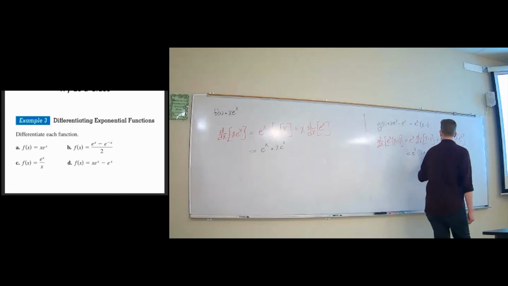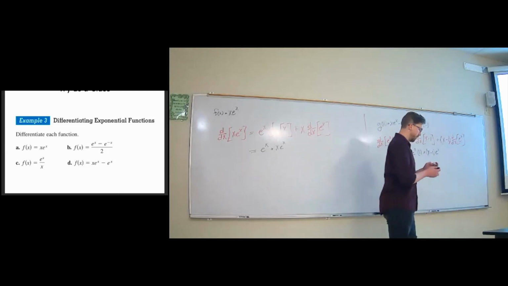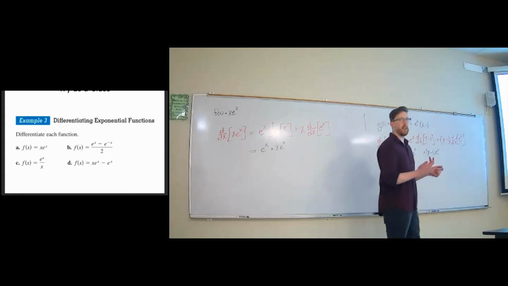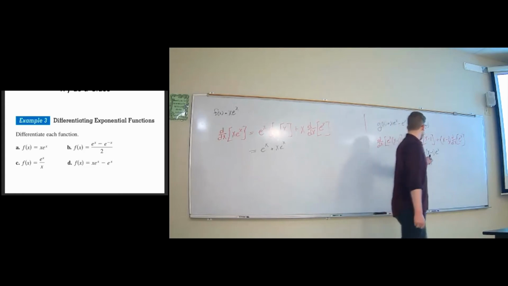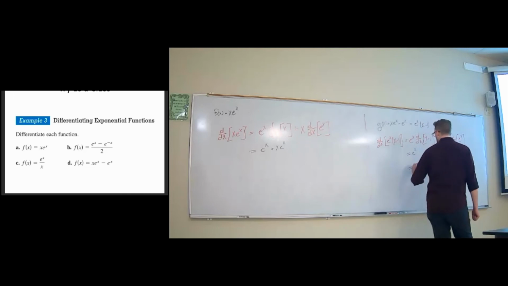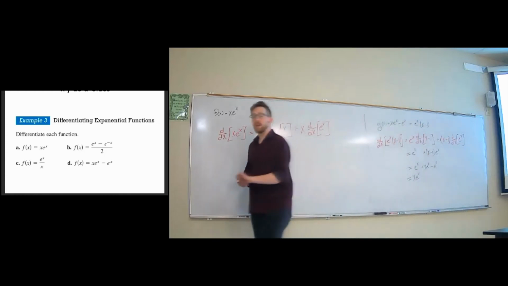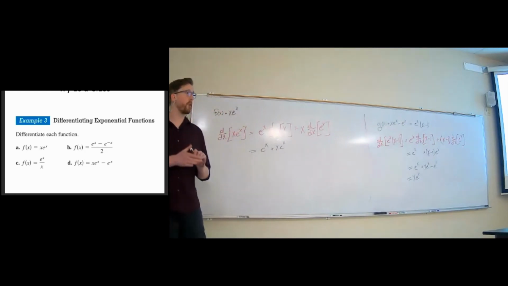Plus x minus 1 times e to the x. Well, that first term was just e to the x. This can be expanded now into e to the x plus x e to the x minus e to the x. And we get just x e to the x. Notice the same thing would have happened if we just differentiated both terms individually, right?